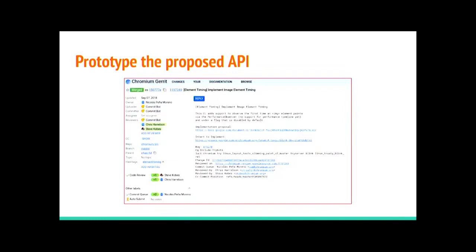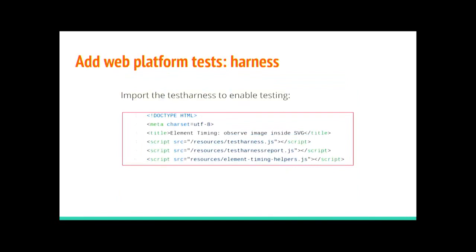Now, once we have a more solid proposal, and after we've sent the intent to prototype, then we can actually start prototyping the proposed API. So implement in Chrome behind a flag that is disabled by default. In parallel to that, we add web platform tests.